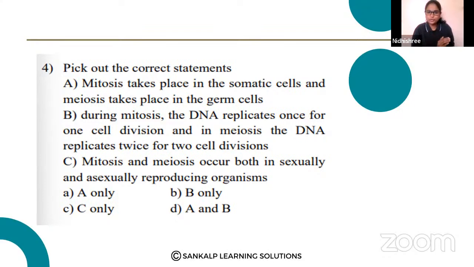Mitosis may happen in sexually reproducing organisms, but not in all cells. So when asking about mitosis, if they had given D as A and C, you could vote for D. But they have given A and B, so it is not a right option.